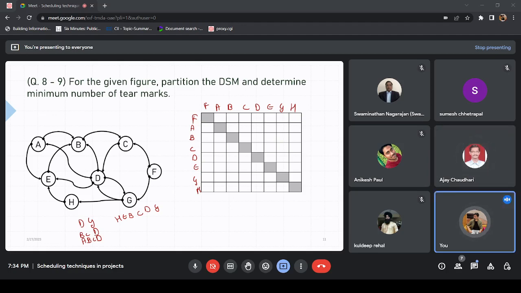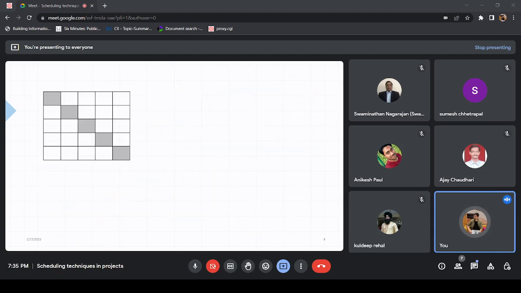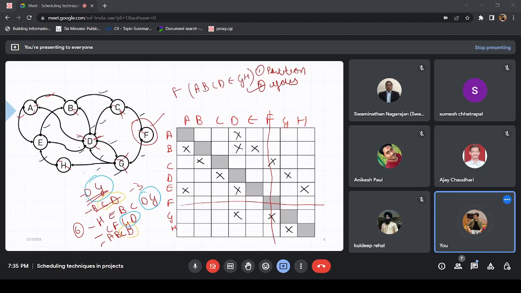No, but F is not coming in any loop. We saw that F is the starting activity, right? F will not come because that's a starting one. And there is one loop I'm missing. We wrote 5 loops there, right? Maybe I'll just look back.